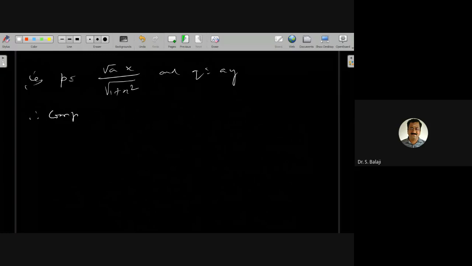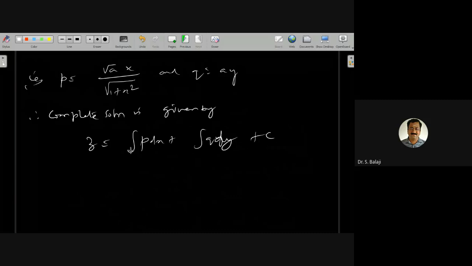Therefore, the complete solution from the total derivative idea is integral p dx plus q dy plus c, that is integral of square root of a x over square root of 1 plus x square dx plus integral of q dy, plus c.